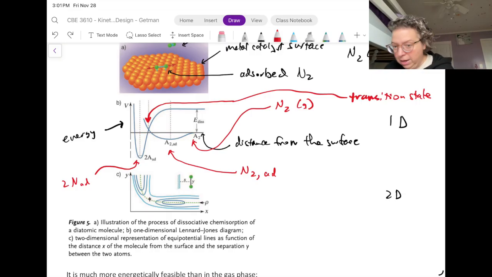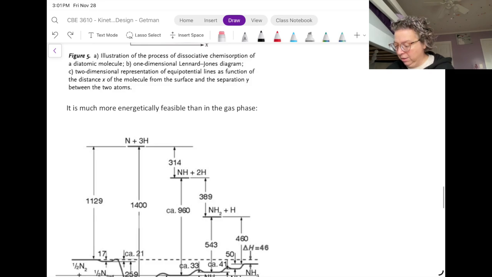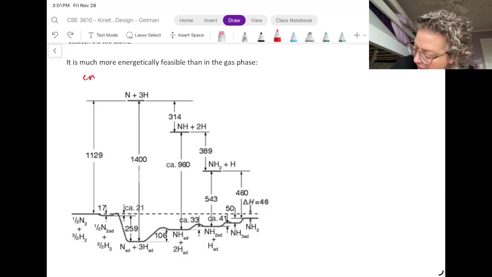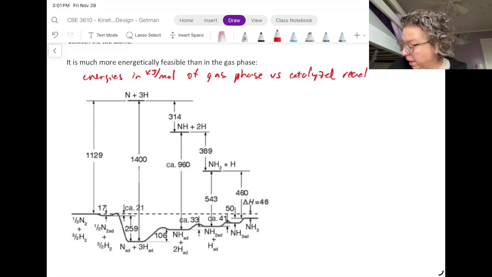And the next diagram shows that it is much more energetically favorable to do this on the catalyst than in the gas phase. So here we have energies in kilojoules per mole of gas phase versus catalyzed reaction pathways.